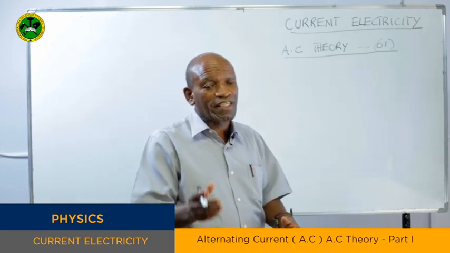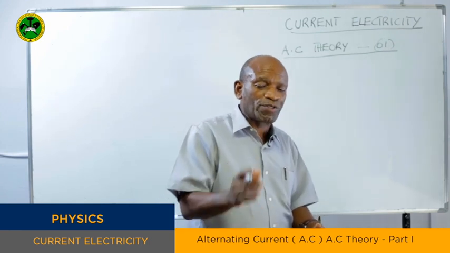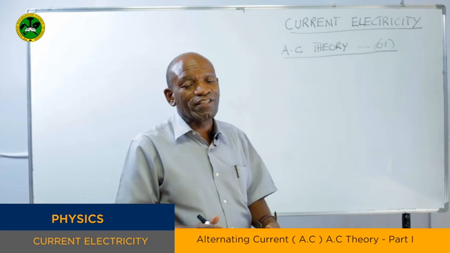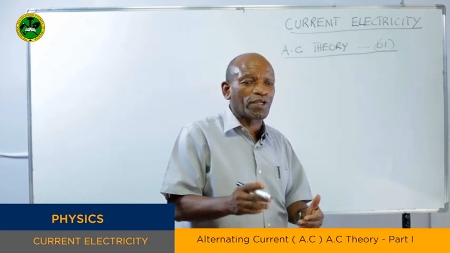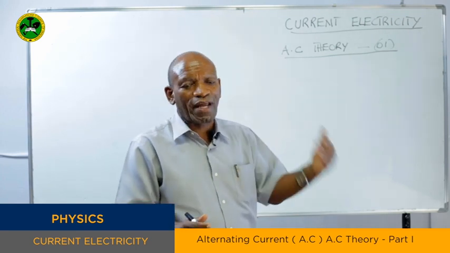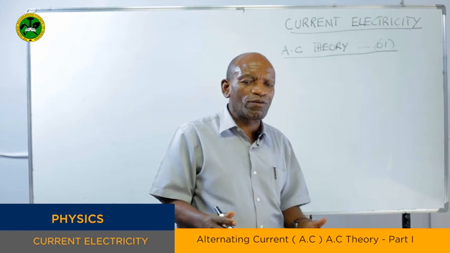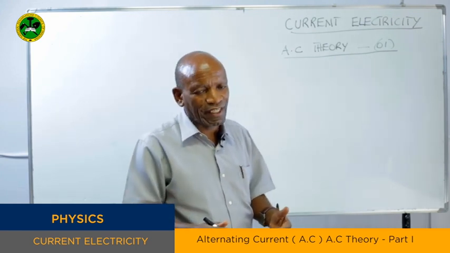Converting a current from one voltage to another is possible if that current is AC. So you can change its voltage from one form to another. That's one advantage of using an alternating current.